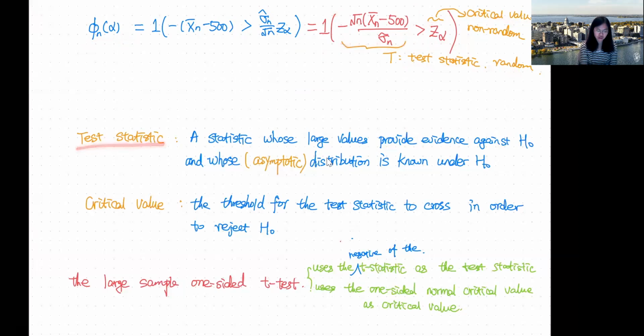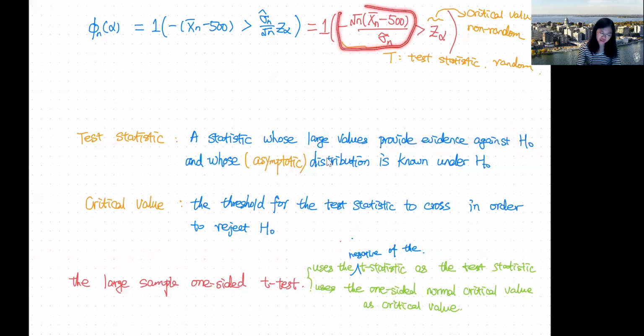So more formally, what is a test statistic? A test statistic is a statistic. And what is a statistic? A statistic is a function of the data. A statistic whose large values provide evidence against the null hypothesis. So when the value of the test statistic is large, it indicates that the null is probably not true. So that's one requirement for the test statistic.